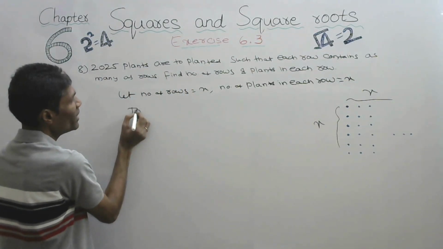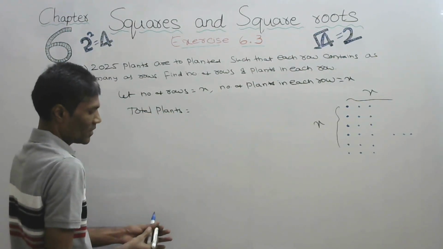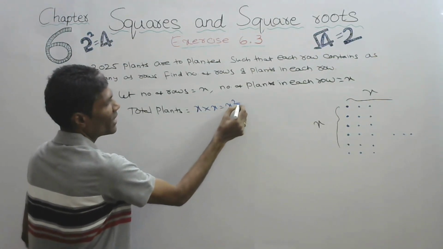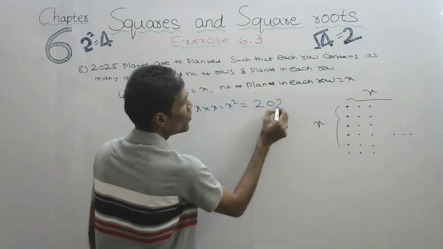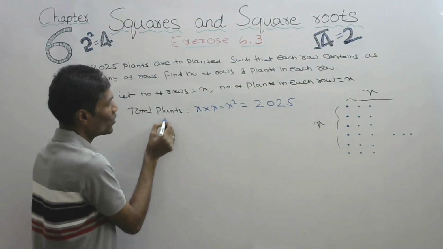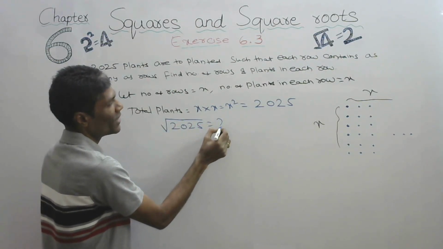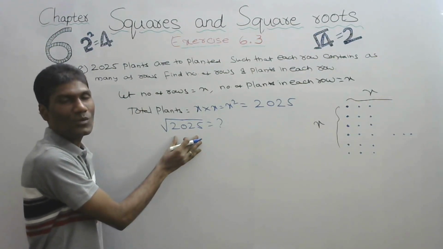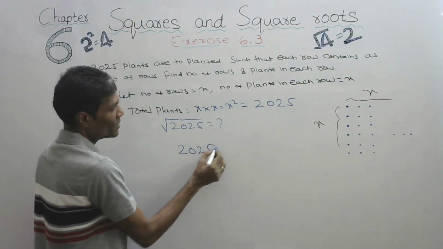So total plants will be x into x, that is x square, equal to the given 2025. Now we need to find the square root of 2025. This is the actual question. How to find? Simple. We know this process.